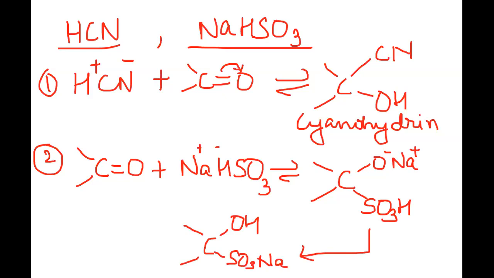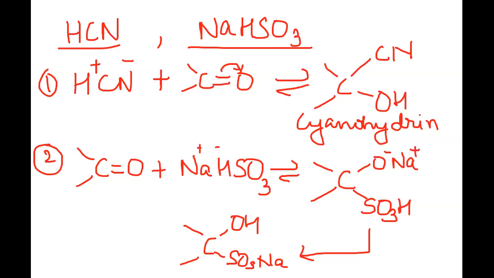Now you remember, this reaction is important because these addition compounds that are formed from the carbonyl compounds are white crystalline in nature, and they precipitate. They can actually be used for separating aldehydes and ketones from a mixture of other compounds. You treat them with sodium bisulfite.